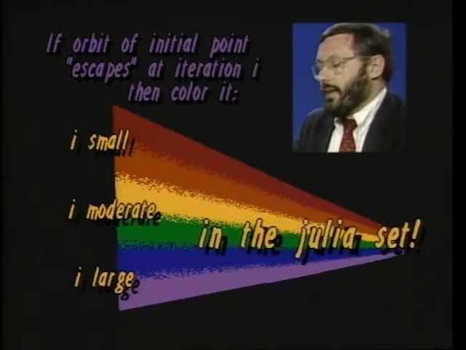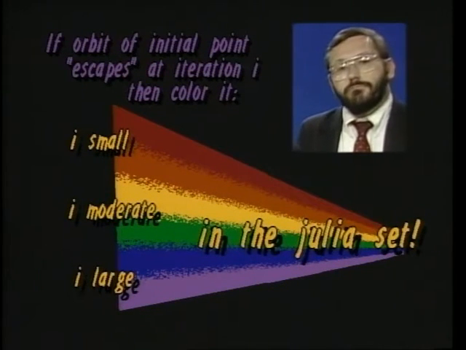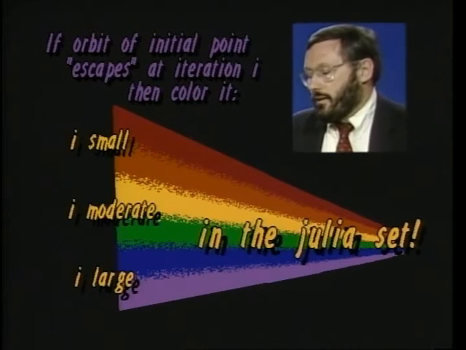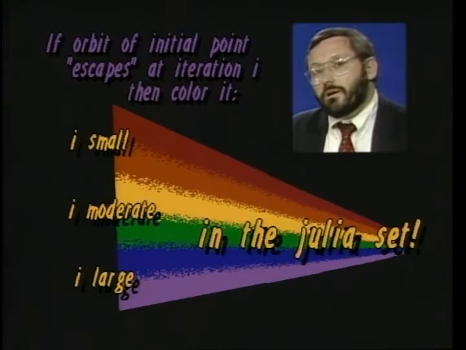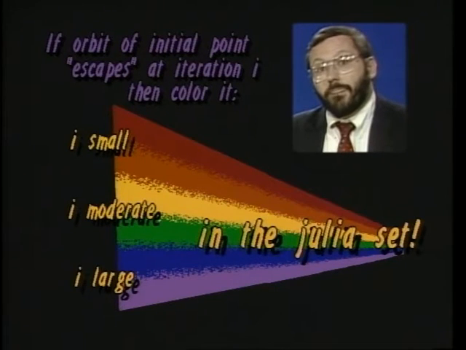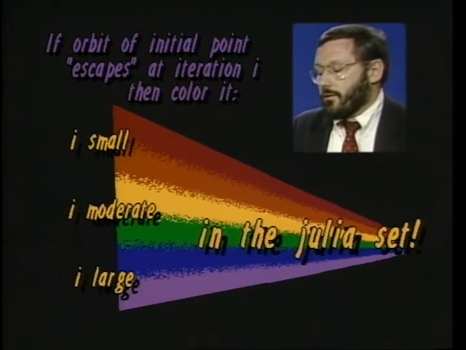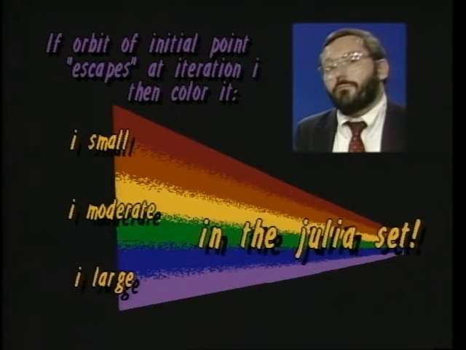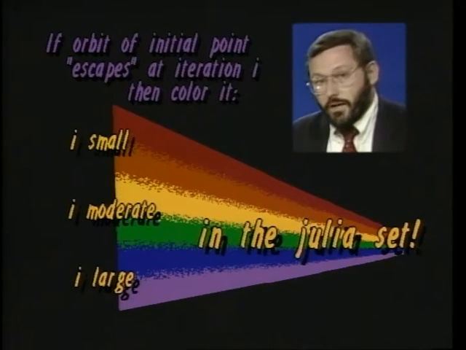What do the colors mean? Well, remember, we color a point if its orbit escapes at some iteration. So during the iterative process, if an orbit escapes at iteration number I, then we'll color code the initial point on that orbit with a color that depends on I. So points that you see, which are red or orange, are points whose orbit has escaped after a very few number of iterations.